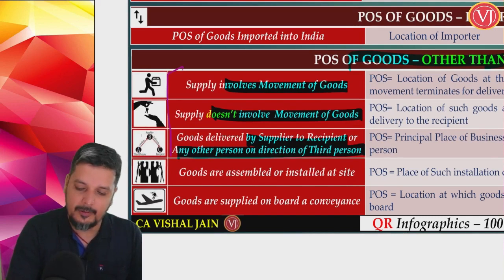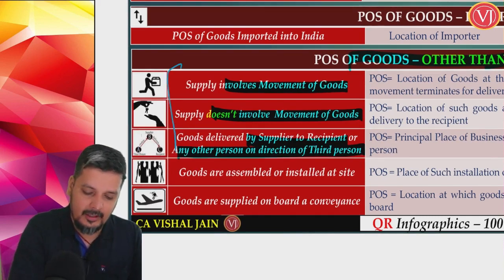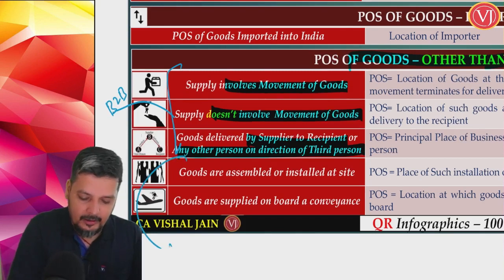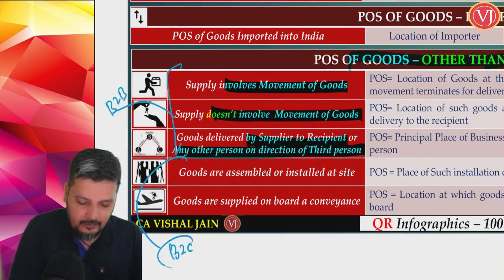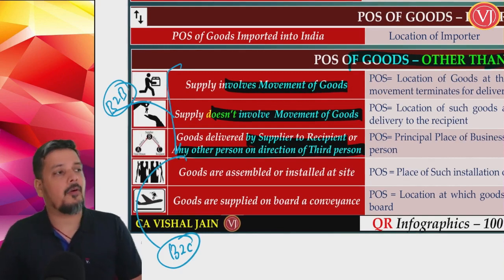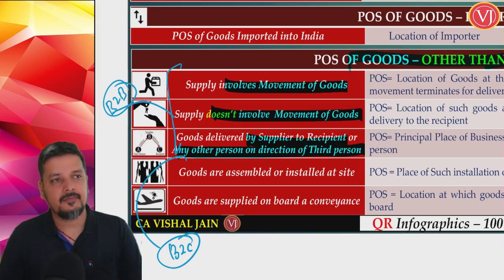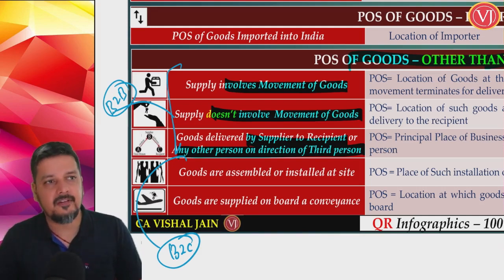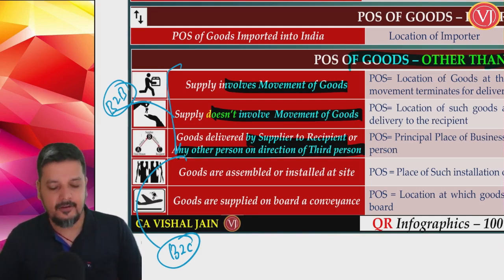This is all with respect to B2B transactions. Then there's one more point for B2C transaction, the fourth case. 3 cases for B2B, 1 case for B2C. B2B means recipient is registered, B2C means recipient is unregistered.